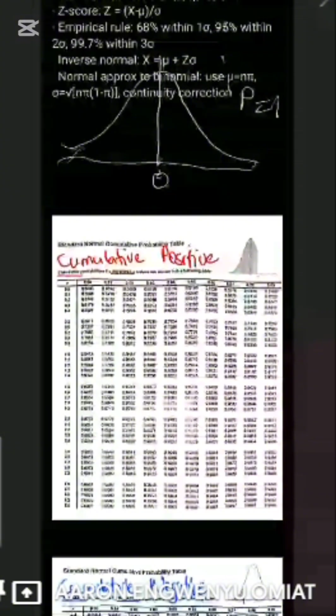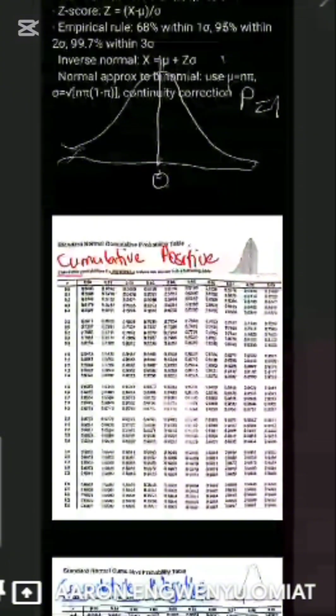You want to find the probability of a point after the mean of 0. So for example here, let's call this a point X, and you want to find the Z value, which is this. So you come and read the table. And if I zoom in, you realize that we have here different values.